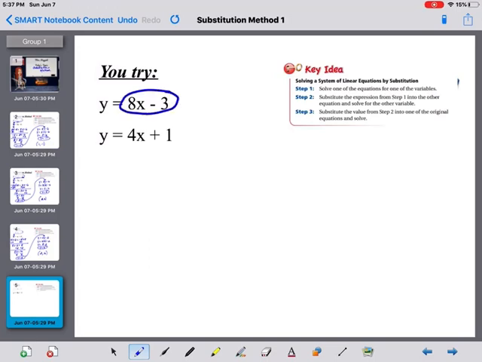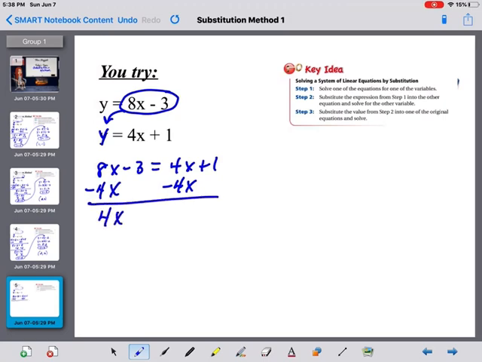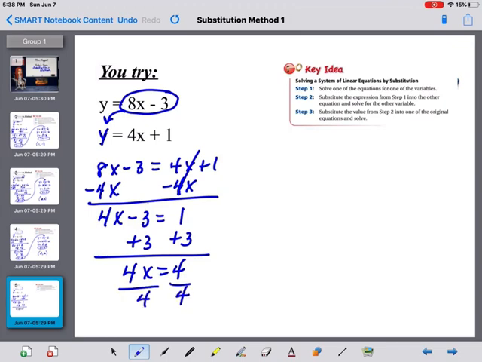Okay, so for this problem, I'm going to take my 8x minus 3 and substitute it in for y in the bottom equation. So I will have 8x minus 3 is equal to 4x plus 1. I'm going to solve for x by first subtracting 4x on both sides. So I have 4x minus 3 is equal to 1. Adding 3 on both sides, I get 4x is equal to 4.